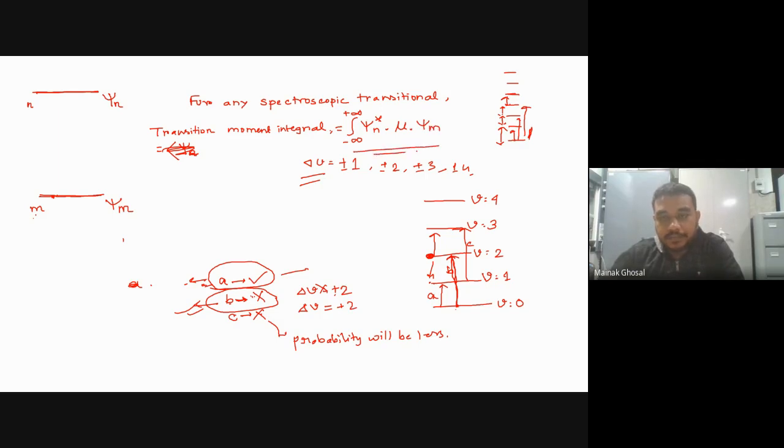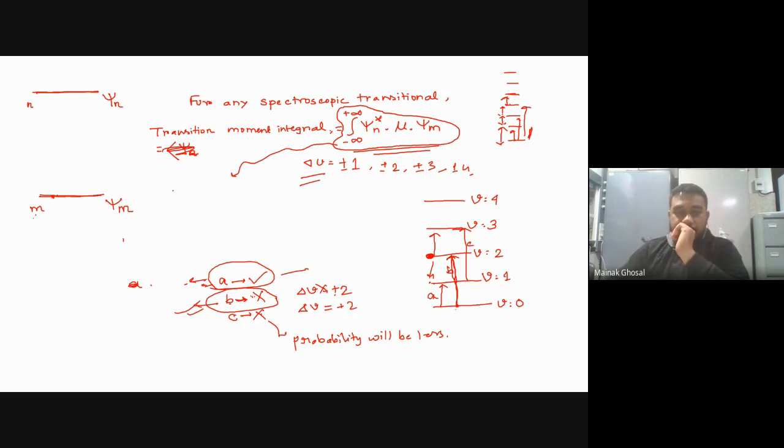For any transition to be possible, you need to calculate this quantum mechanically, which is known as the transition moment integral. If you have learned basic quantum mechanics, you will understand that, or if not, you will learn later. For now, understand that this is called the transition moment integral.